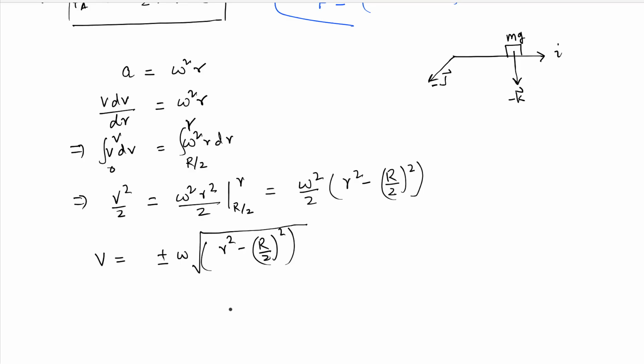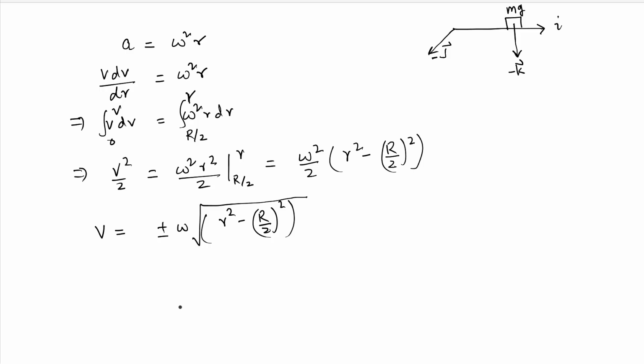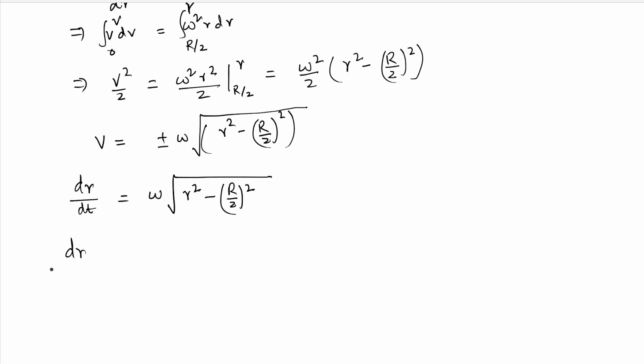Now, we could really solve it in an easy way to find the equation, or we can just do it the hard way. Let's first do it the hard way, just to give you a sense of how to compute this entire thing in a simple manner. Let's just take the plus omega for now. We can take dr by dt as omega times the root of r square minus r by 2 whole square, and then what we get is dr divided by the root of r square minus r by 2 whole square equals omega dt, right?